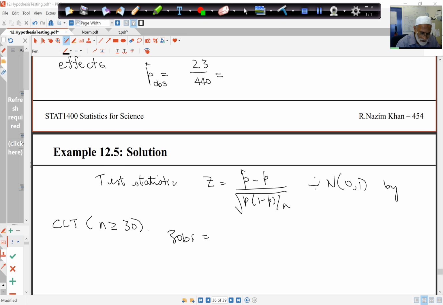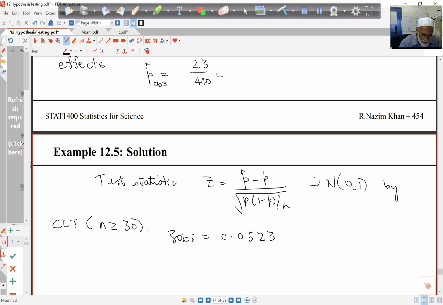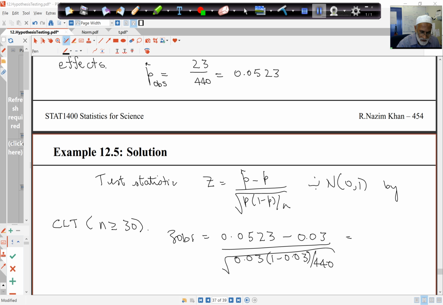And that comes to 0.0523 minus our H0 value, which is 0.03, all over the square root of 0.03 times 1 minus 0.03 over my sample size of 440, and I compute that, and that comes to 2.738.